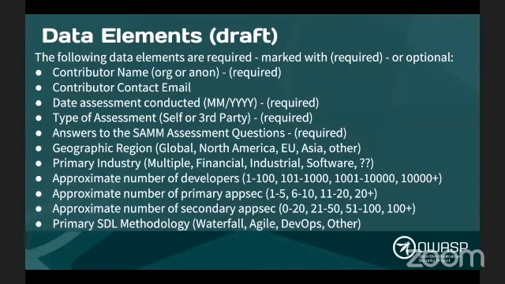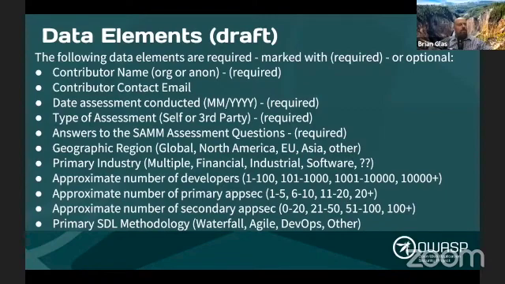Another comment that's come in is what factors contributed to triggering the assessment? Was it because of regulation, because of certification, reaction to a breach, request from leadership? Oh, that's interesting. So that would allow us to get basic numbers.